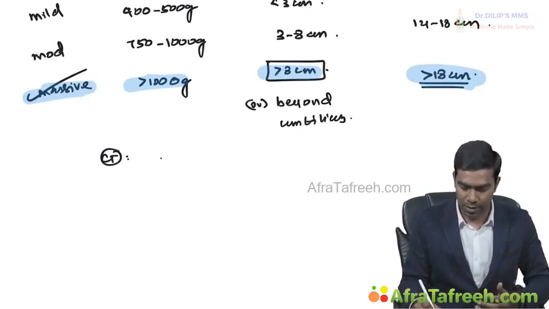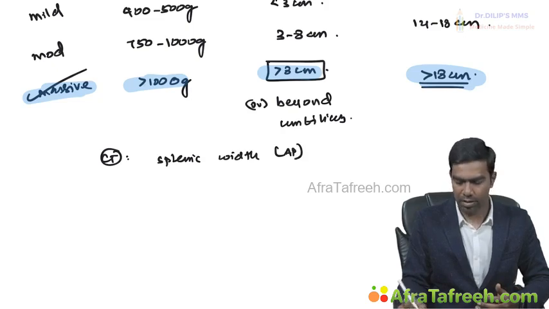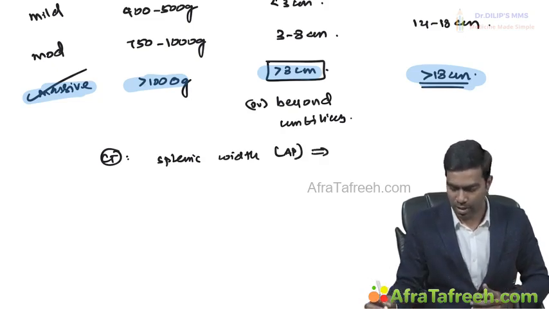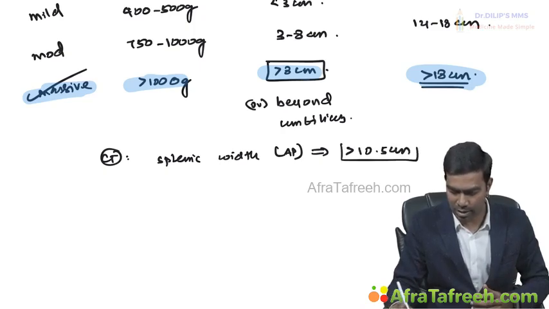In CT, if you see the splenic width, that is the AP diameter of the spleen, if it is more than 10.5 centimeter, this is considered the single most accurate measurement for splenomegaly.